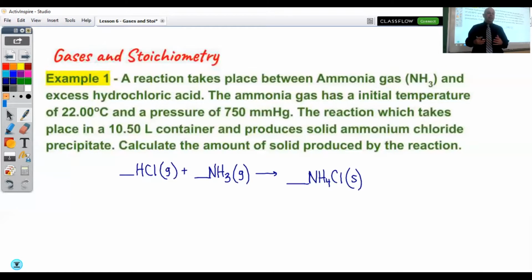In this case, it says that the ammonia gas has an initial temperature of 22 degrees Celsius. So what I'm going to do is list all of the givens underneath their respective substance in the chemical equation. Then we'll go back and look at what we have and decide how we're going to approach this problem.